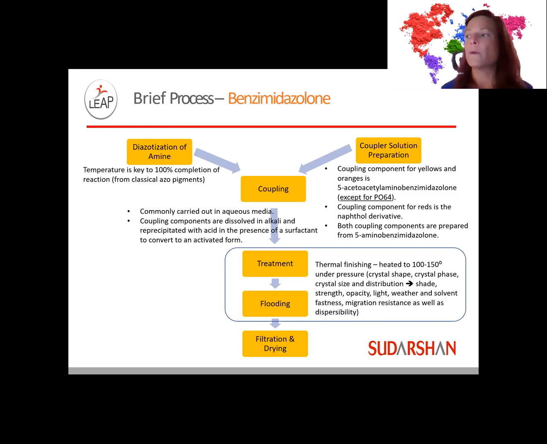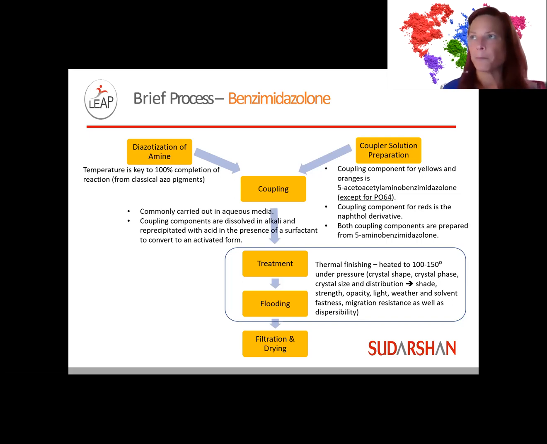And of course, all of those create the shade, strength, opacity, light, weather and solvent fastness, as well as its dispersibility. So this final finishing treatment is the key to creating that final end pigment and the properties that come along with it.